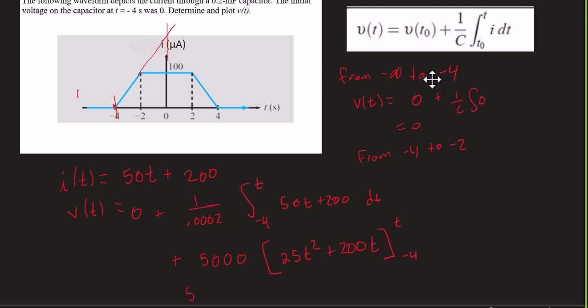So that would be 5,000 times, if I plug -4 in, I get negative 400, plus, when I plug t in, I get 25t squared plus 200t.